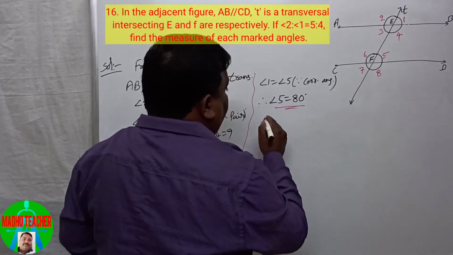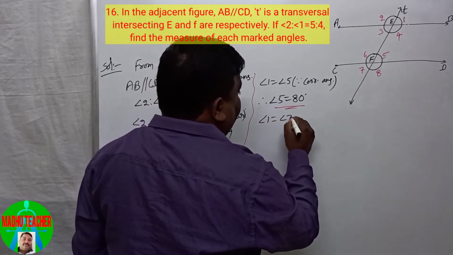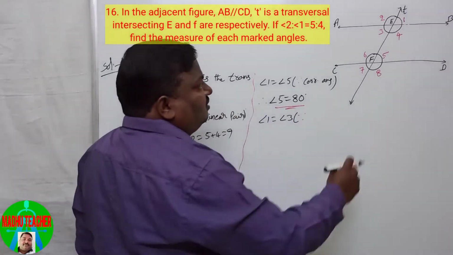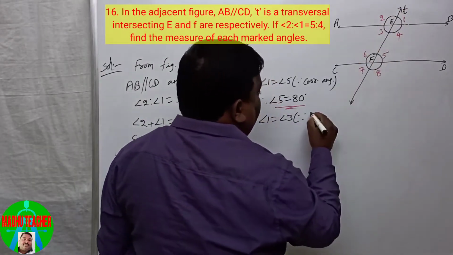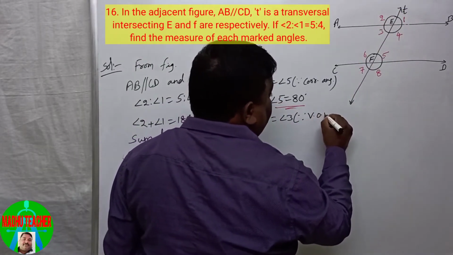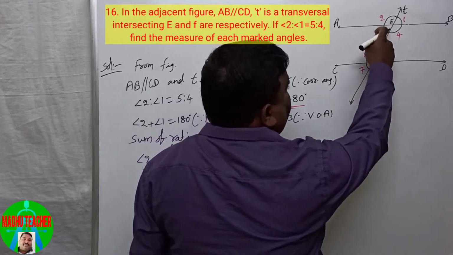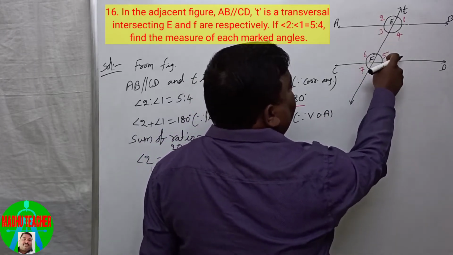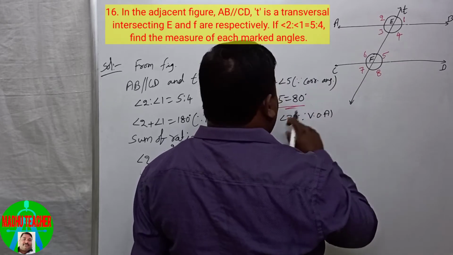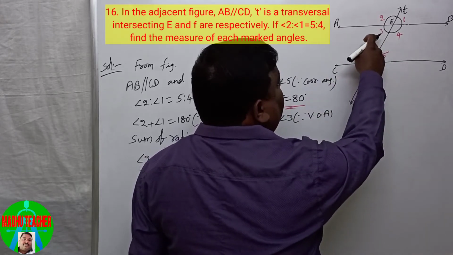Okay, next, angle 1 equal to angle 3. Why are these two equal? Angle 1 and 3 are vertically opposite angles. Or 3 equal to 5, alternate interior angles, 5 is 80, therefore 3 is also 80.